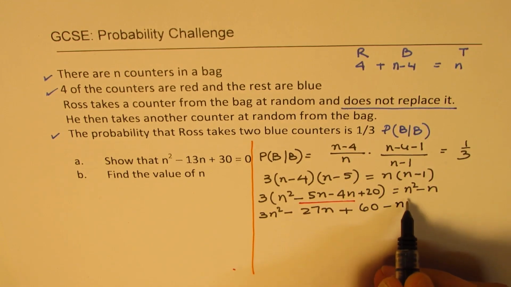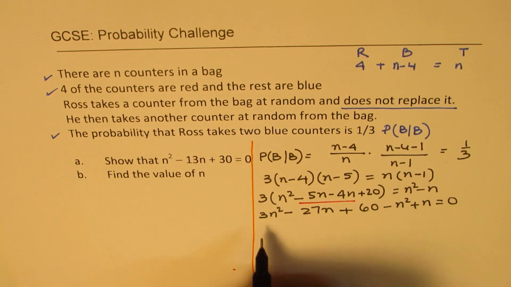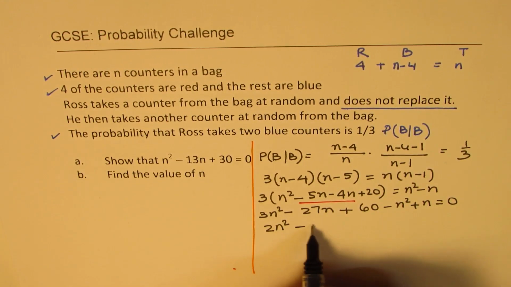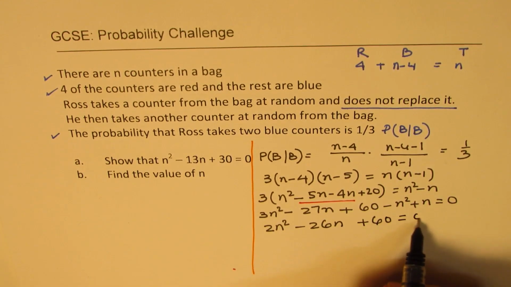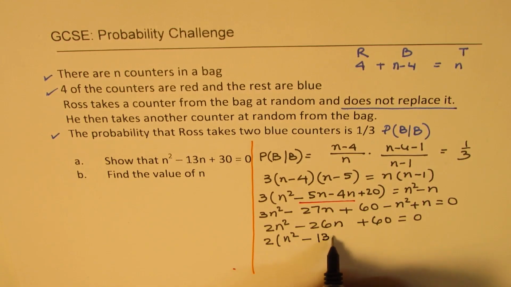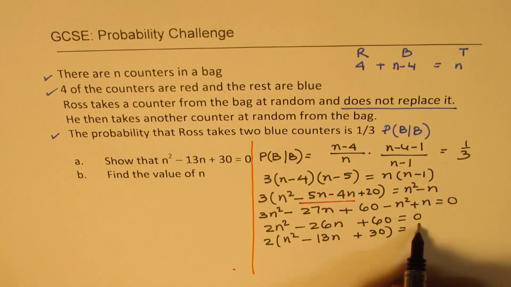Bringing these terms here will change their sign. So 3n square minus n square is 2n square. Adding 1n makes it minus 26n plus 60 equals 0. 2 is common, right? So we have n square minus 13n plus 30 equals 0.